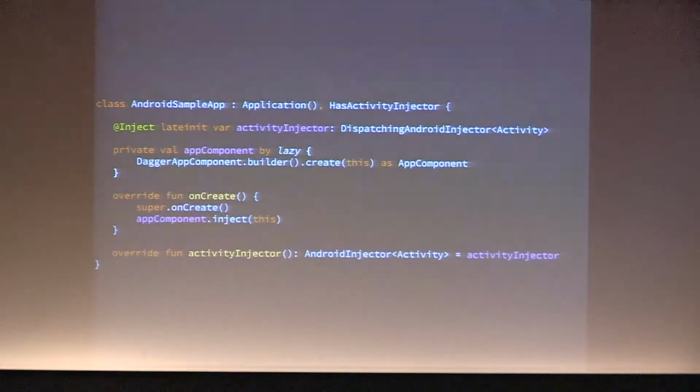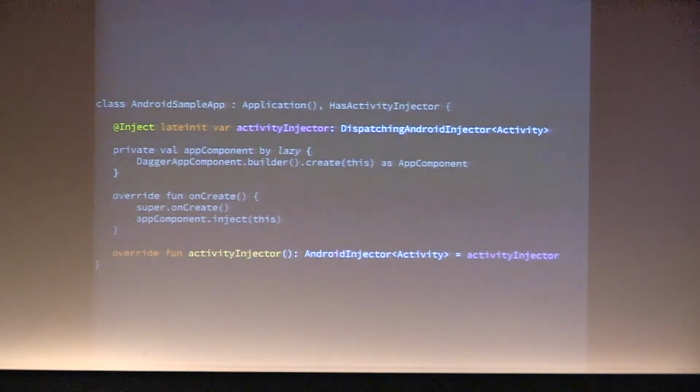So this is the declaration of our application. Pretty simple. We have a class extending Application implementing the HasActivityInjector interface. Then you can see that we are injecting a dispatching Android injector of an activity. We're going to see later what it is.